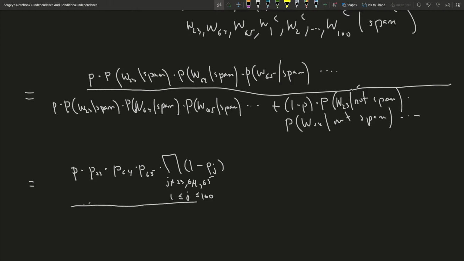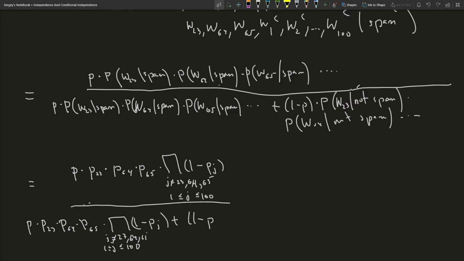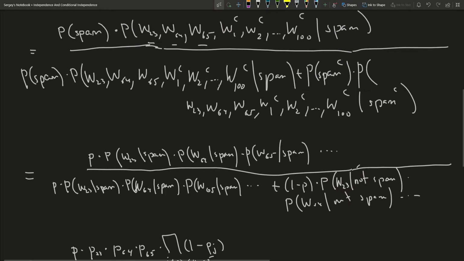And we can write the same thing in the denominator. So p times p sub 23 times p sub 64 times p sub 65 times the product of all the j's from 1 to 100, such that j doesn't equal 23, 64, and 65, of 1 minus p sub j, plus we have this 1 minus p, and we defined the conditional probabilities of these word events, given that the email is not spam, to be r sub j.